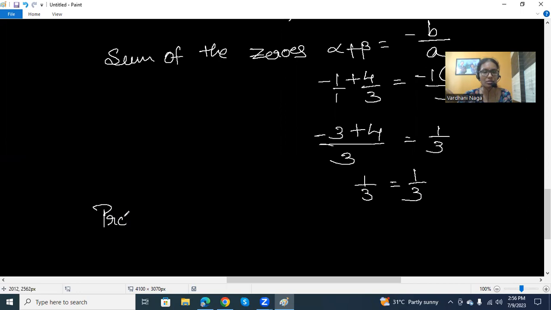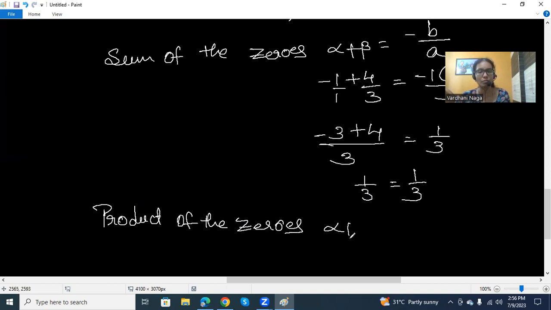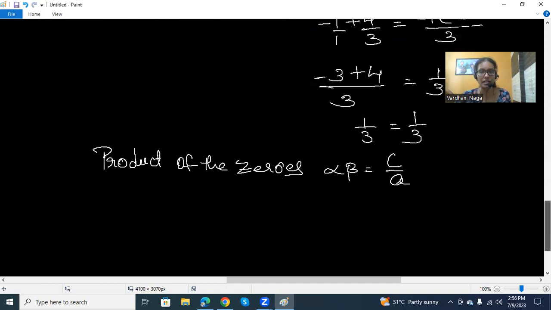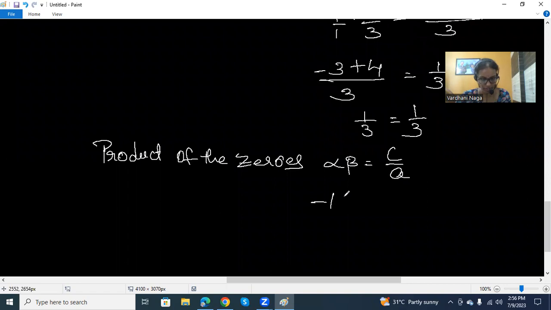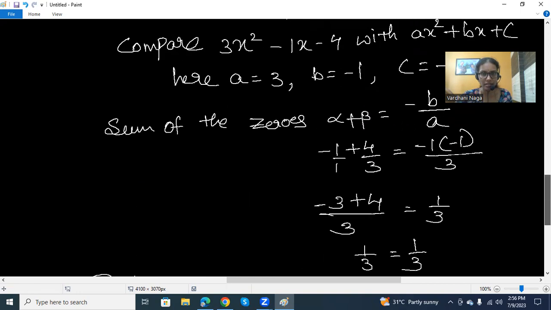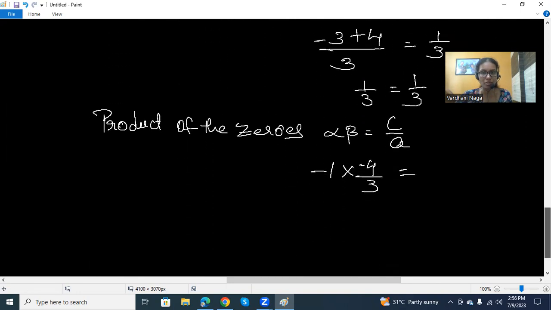Product of the zeros. So alpha beta is equal to C by A. So here alpha is -1 and beta is 4 by 3, which is equal to C by A. The C value is -4 by 3.